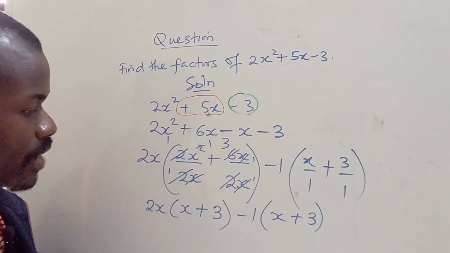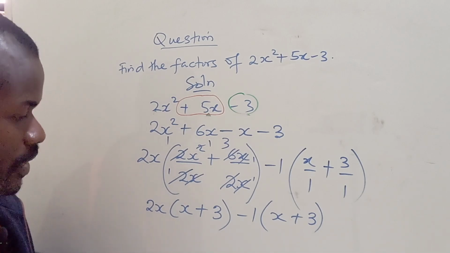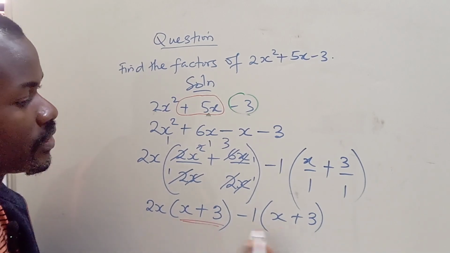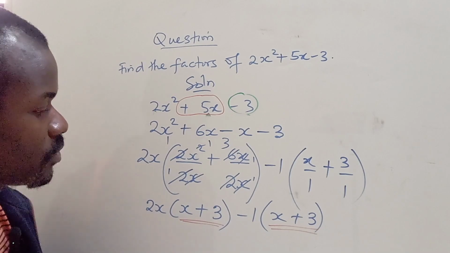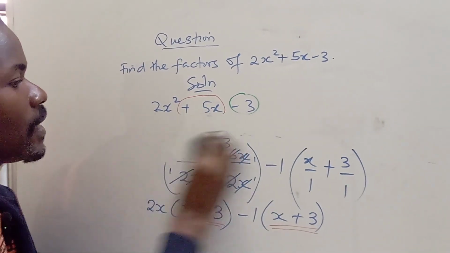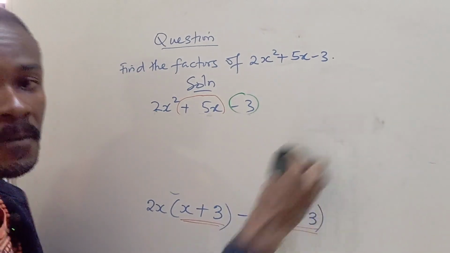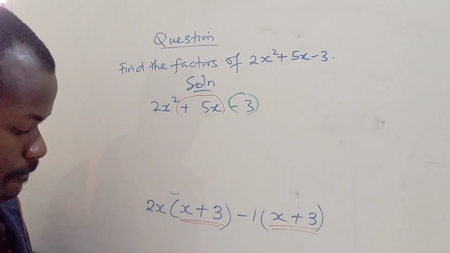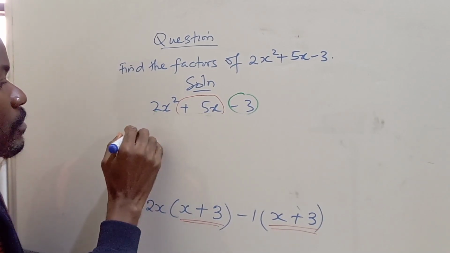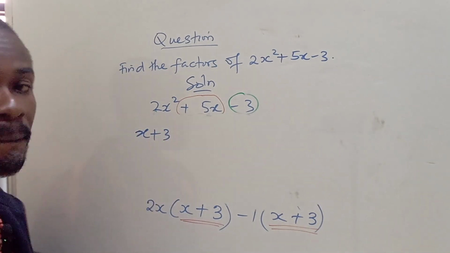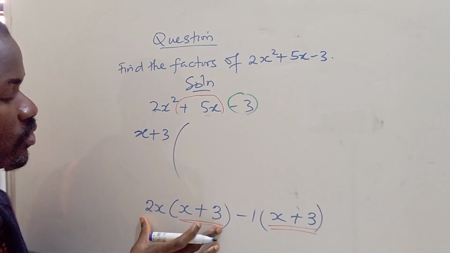Now that we've gotten this expression, something is still common. x plus 3 is common, so we are going to also factor out x plus 3. So x plus 3 comes out and divides all this.